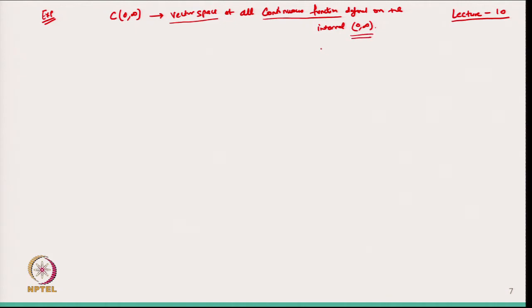For example, if I want to check the elements of this vector space, then you can say that the exponential belongs to this, or maybe the polynomial x square plus 2x plus 1, or maybe I can take the log function, because x is not 0, so no problem.